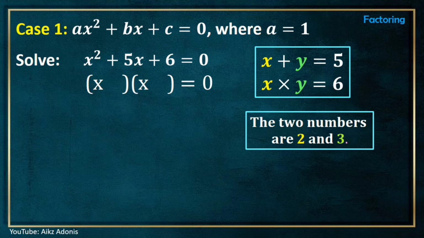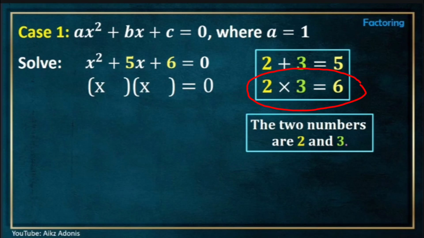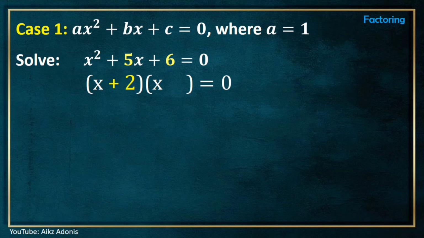Now, let's check. Is 2 plus 3 equal to positive 5, which is b? Yes. How about 2 times 3? Is it equal to positive 6? Again, yes. Since both numbers satisfy the given sum and product, we can now put positive 2 and positive 3 in any of the two parentheses.